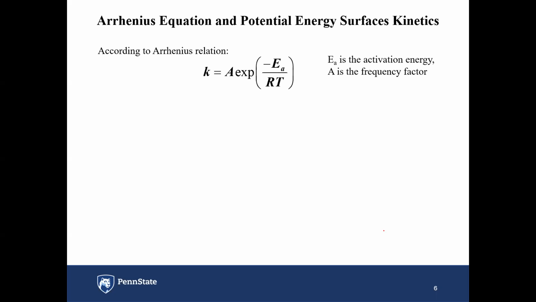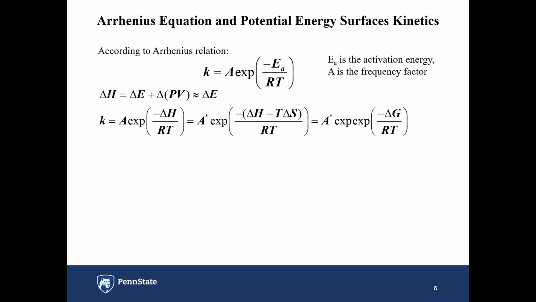Next, we all know that based on the Arrhenius equation, the reactivity is always related to the activation energy, right? This is what we have already learned from general chemistry. And another key is temperature, right?